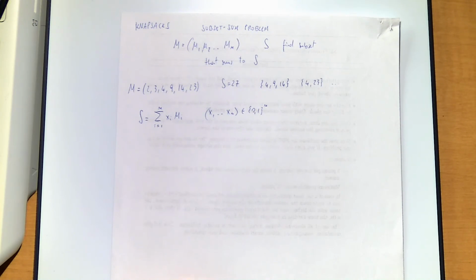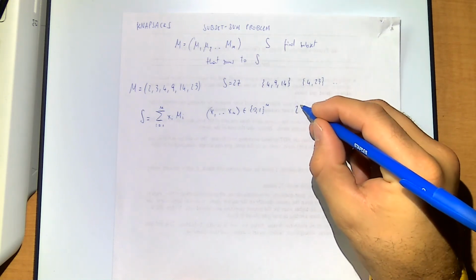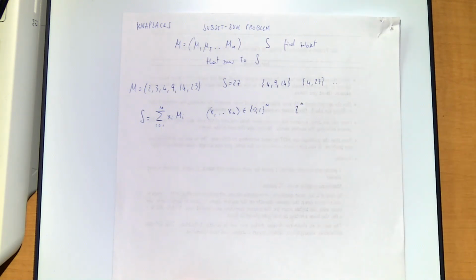So I'm looking for a binary string. One thing you can do to solve this problem is check all the possible strings. Well, there's 2 to the n of them. This is not very practical, because as soon as n is big enough, even if n is like 80, which is not very big at all, then you probably won't do it.